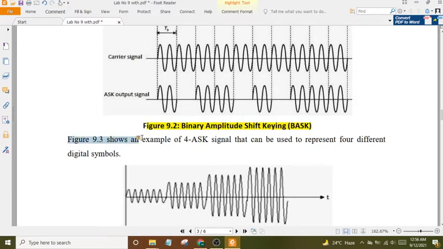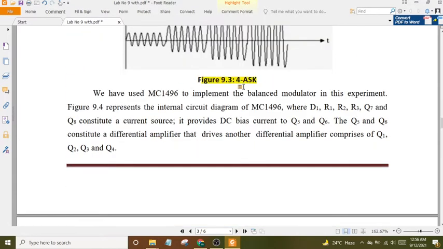Figure 9.3 shows an example of a 4-level BASK signal that can be used to represent 4 different digital symbols. Figure 9.3: 4-BASK. We have used the MC1496 to implement the balanced modulator in this experiment. Figure 9.4 represents the internal circuit diagram of the MC1496, where D1, R1, R2, R3, Q7 and Q8 constitute the current source.